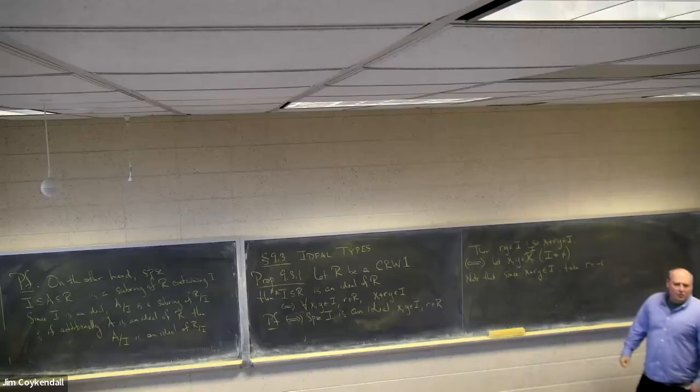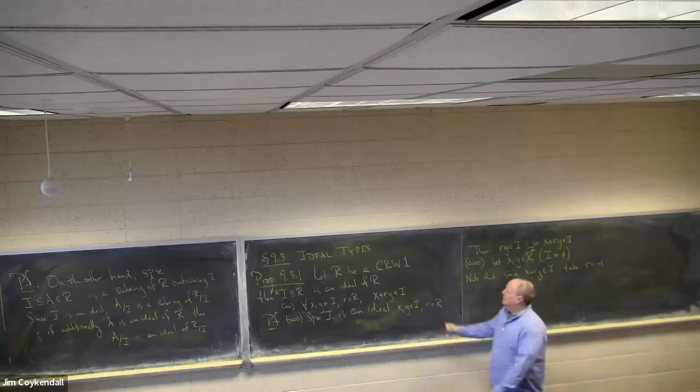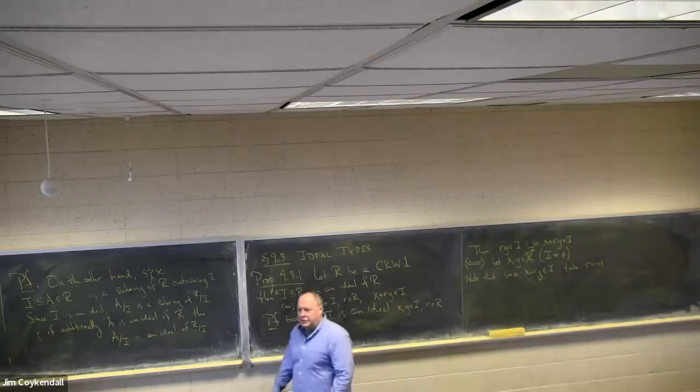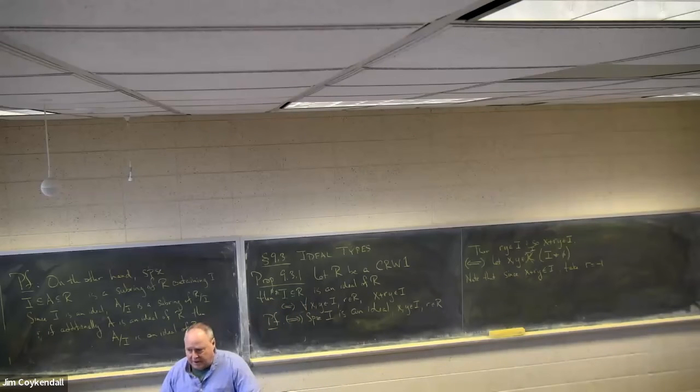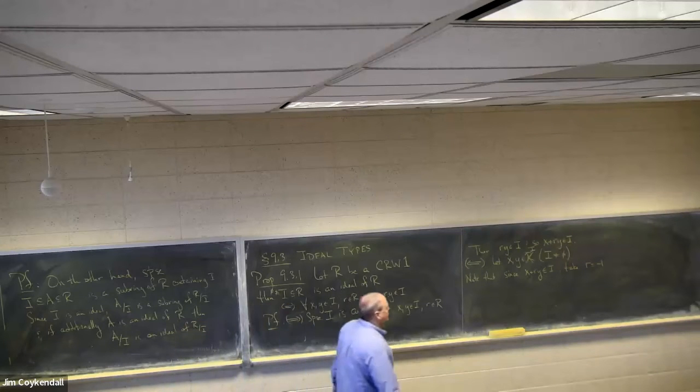Take r equals negative 1. By the way, this is a commutative ring with one, so I know that one is in there. So therefore, negative 1 has to be in there. Notice negative 1 and 1 may not be distinct, but that's fine.